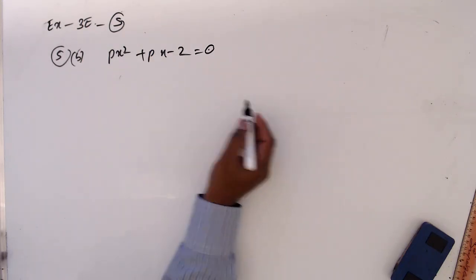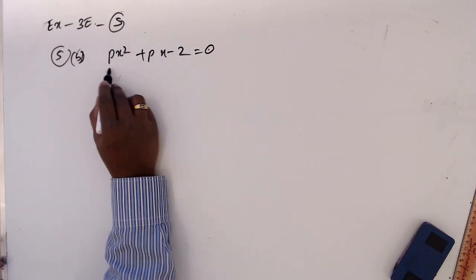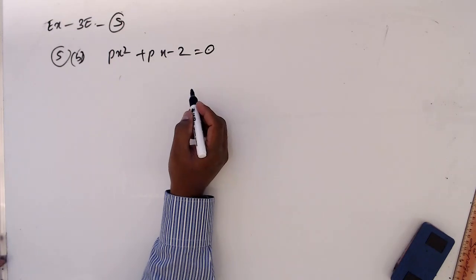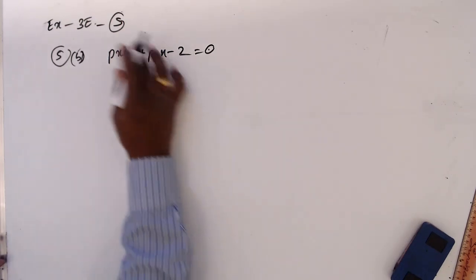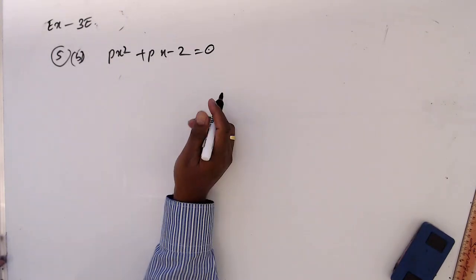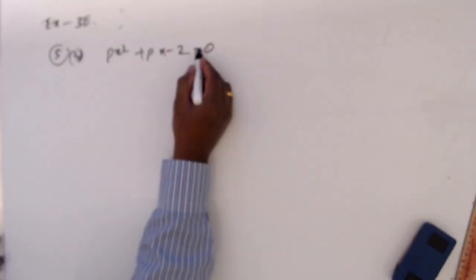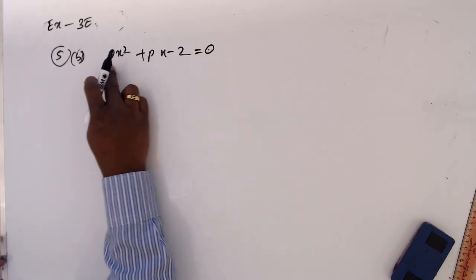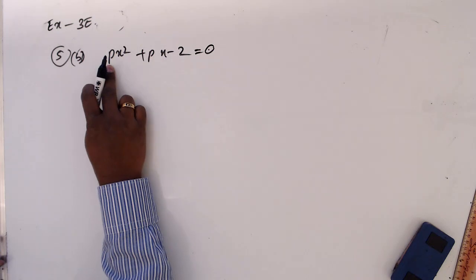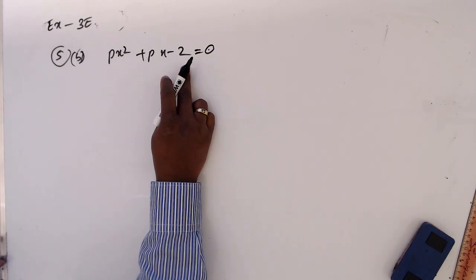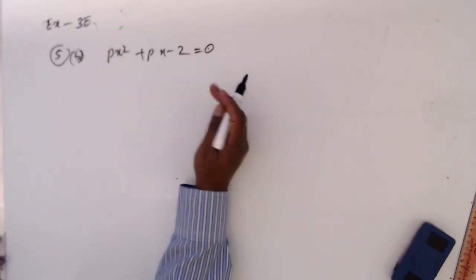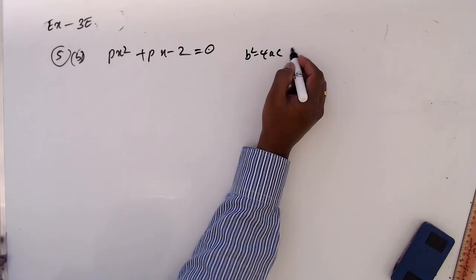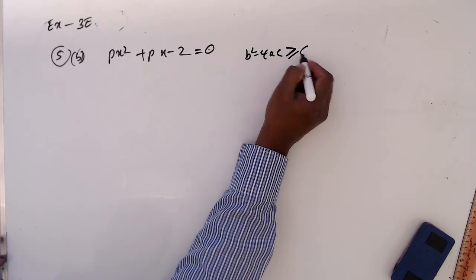Part B, find the range of values of p for which px square plus px minus 2 equal to 0 has a real root. To have a real root for this equation, b square minus 4ac greater than or equal to 0.